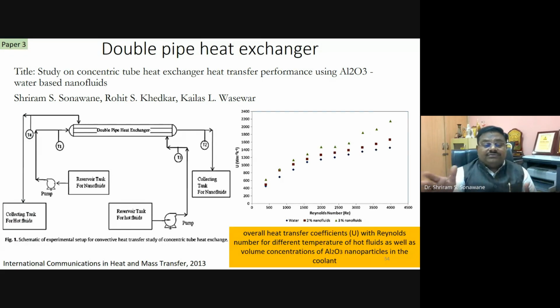This is for different temperatures, right? Water, 2% nanofluid, 3% nanofluid. That means the Al2O3 nanoparticle fraction is varied, and with Reynolds number we have seen that there is an increment in the overall heat transfer coefficient as far as Reynolds number variation and volume fraction variation are concerned. Next slide.